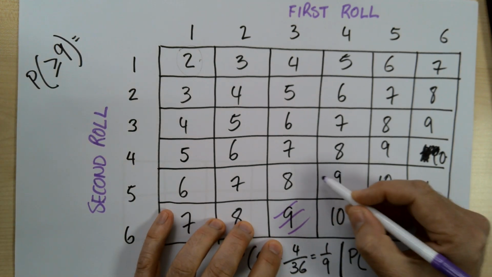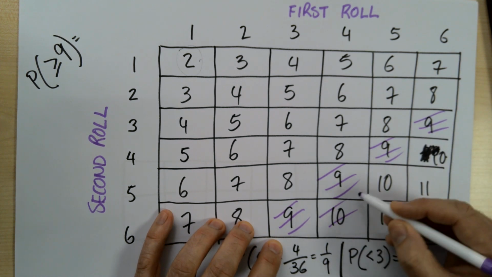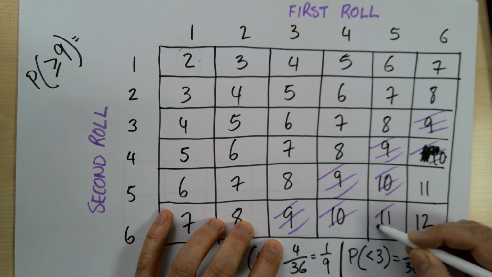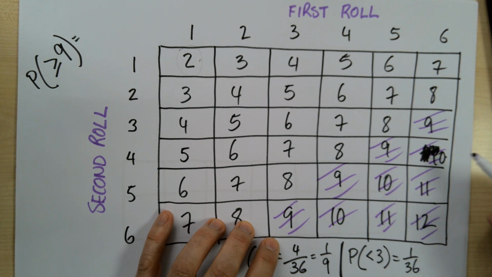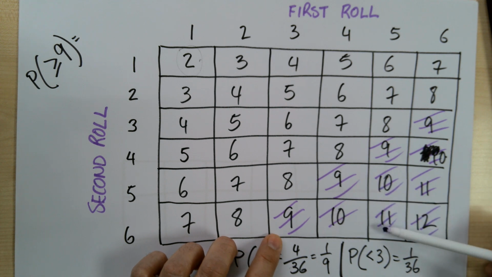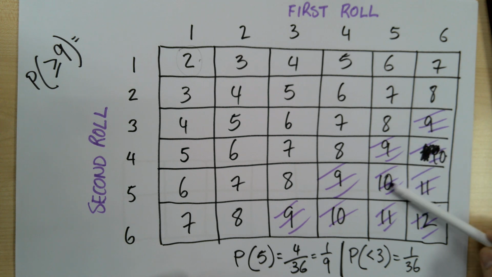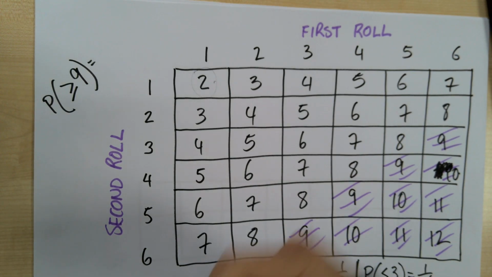So that's all my 9s, but then it's these boxes as well. They are all representing stuff that is either 9 or greater than 9, greater than or equal to 9. So let's count the boxes: 1, 2, 3, 4, 5, 6, 7, 8, 9, 10. And it's still over 36 because there's still 36 possibles.